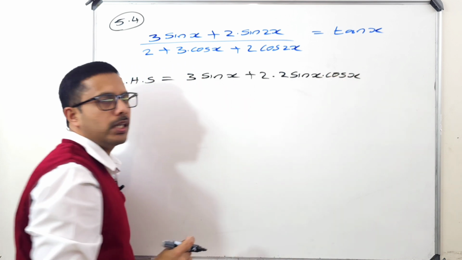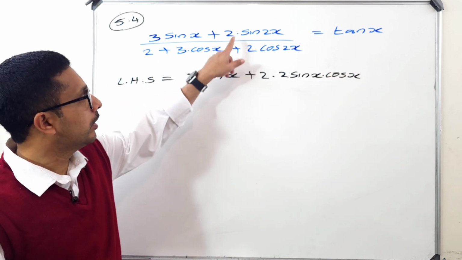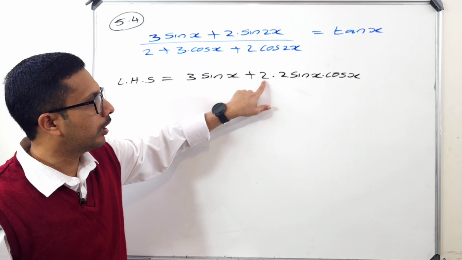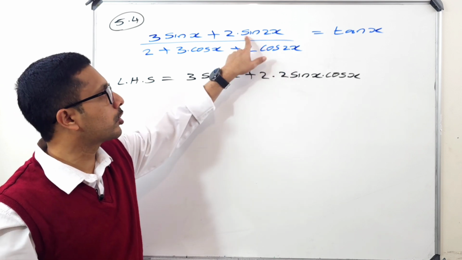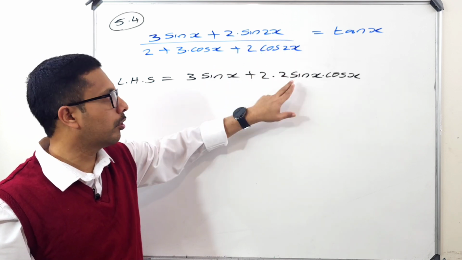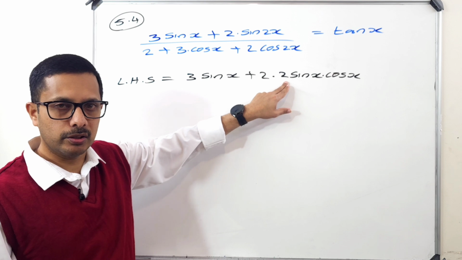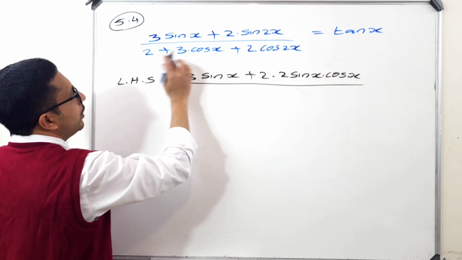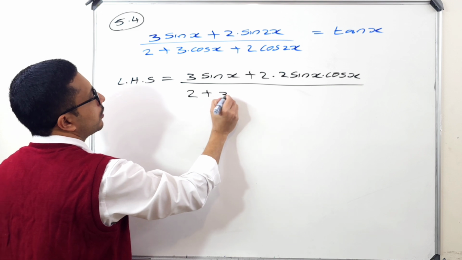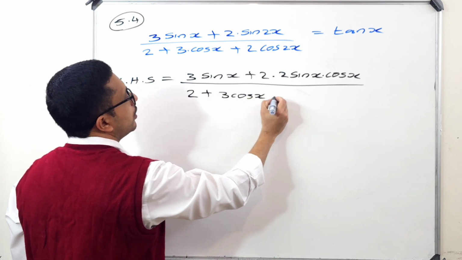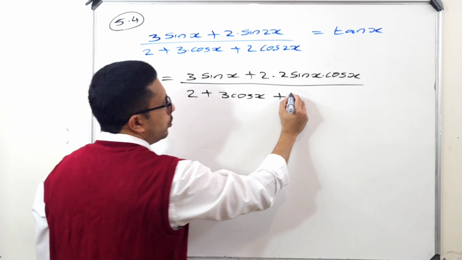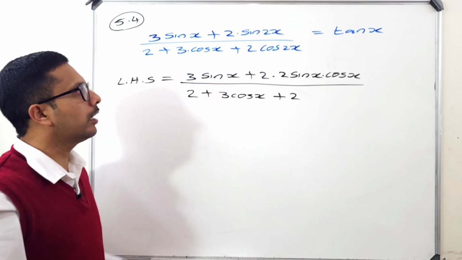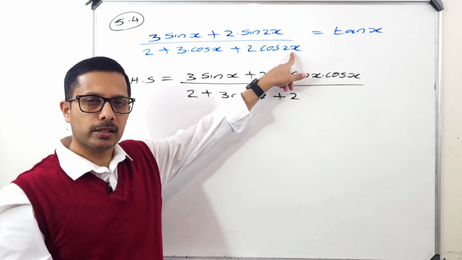So this is one area where you make mistakes. This 2 is this one, and this is the expansion of sin 2x, so don't forget to write another 2 here. You understand? Now divided by 2 plus 3 cos x plus 2 times cos 2x.